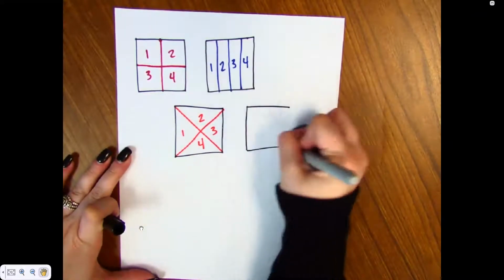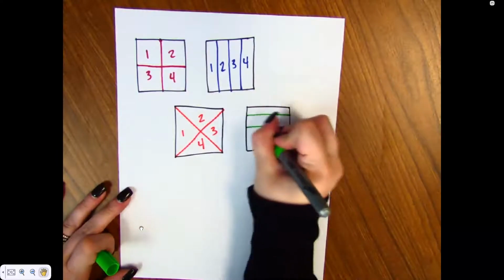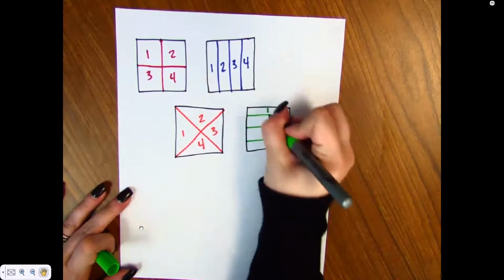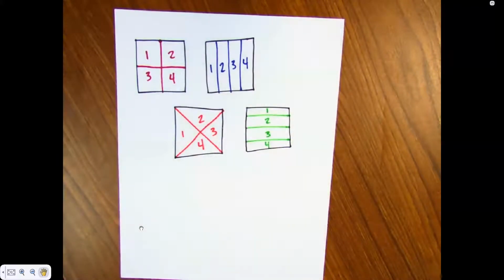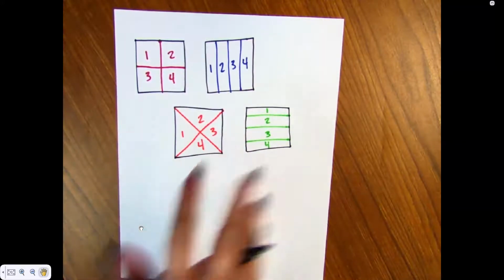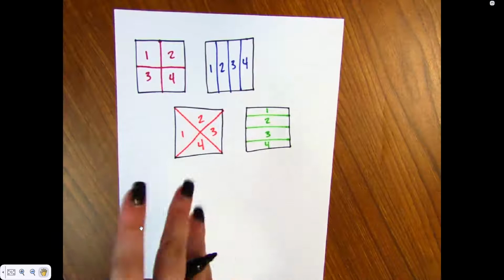So when I'm looking at splitting up a figure, there's a lot of different ways that you can split a figure, and all 4 of these are still the same, right? Are all 4 of these still the same? Yes. They're still the same area, they're still the same size. I know Miss Chandler didn't make them exactly the same size, but they're close to the same size, right?